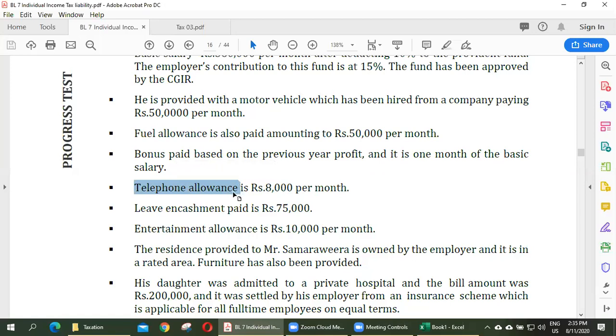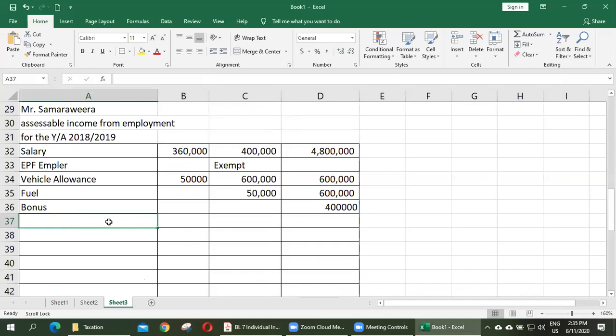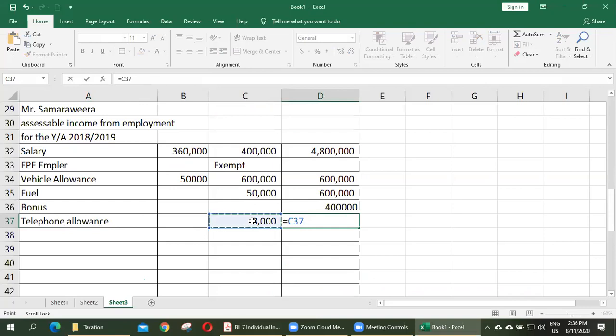This 8,000 is paid by cash, not bill settlement, not a reimbursement, right? Telephone allowance is 8,000 per month, 8,000 into 12, 96,000.